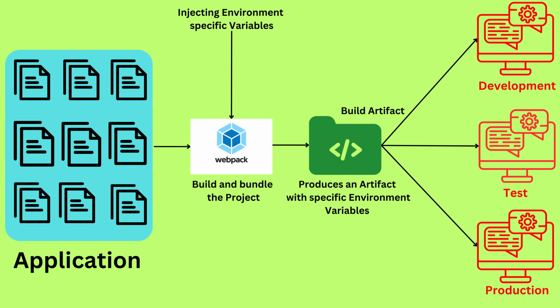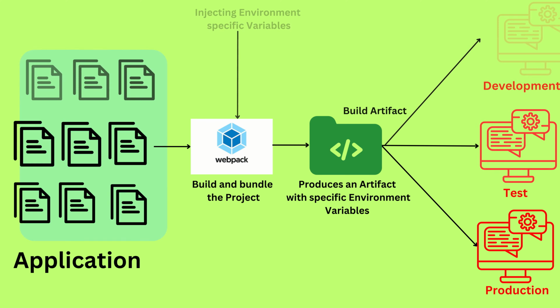If you build the project with the production webpack.config.js, it builds the artifact with production variables, so that the same artifact can be deployed in different environments. So this can be achieved in different ways.